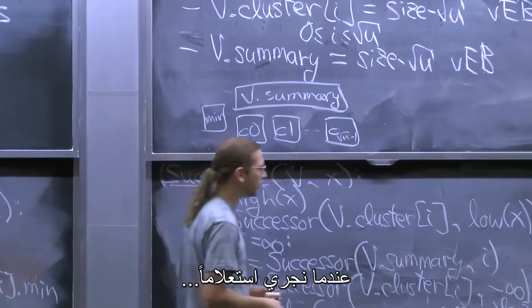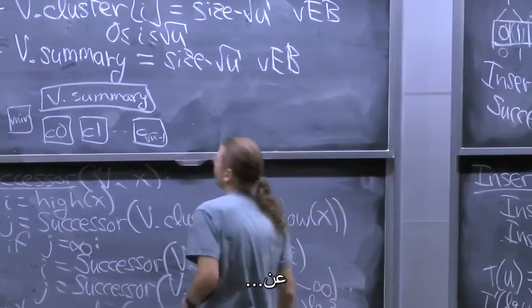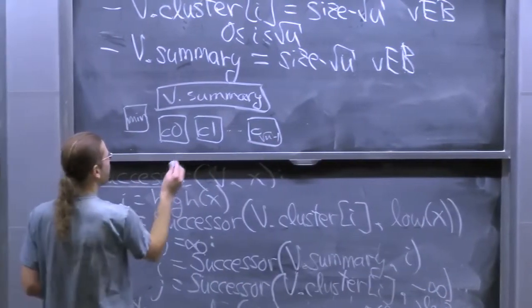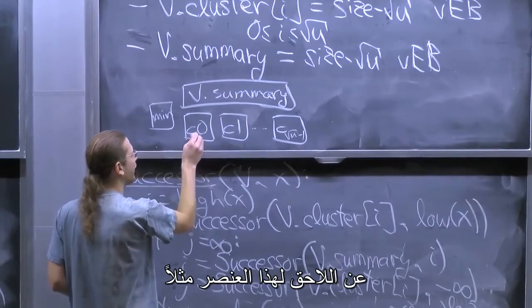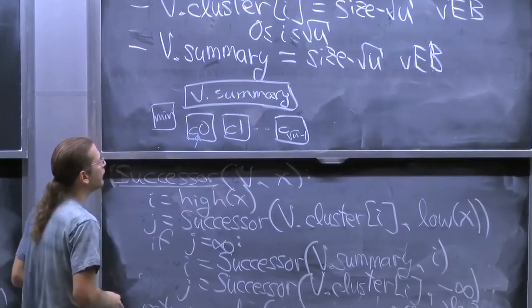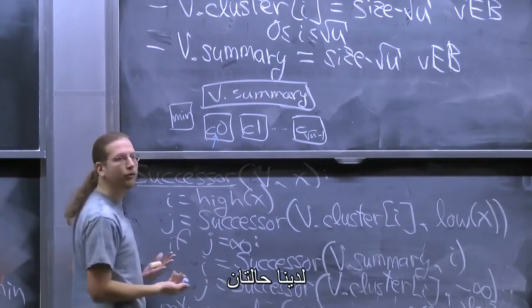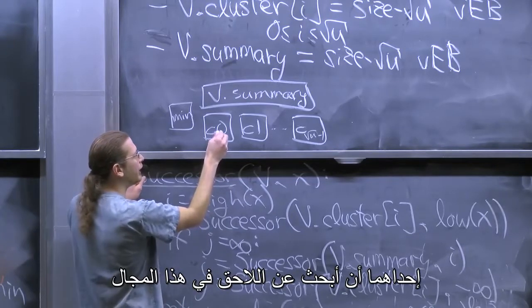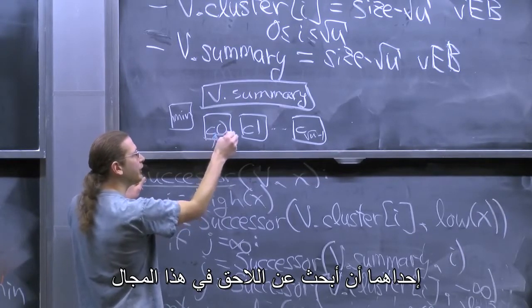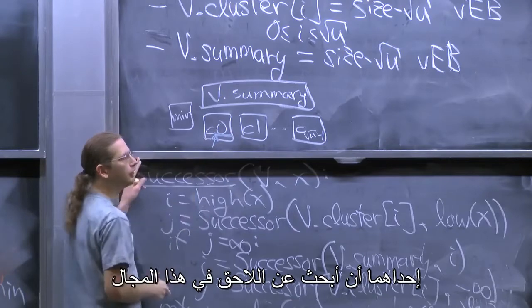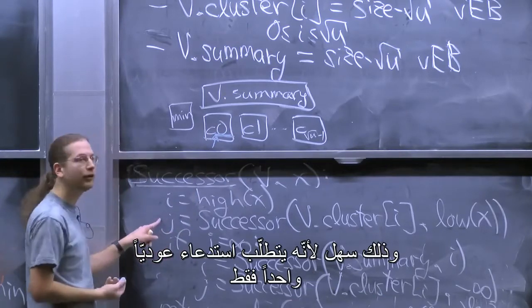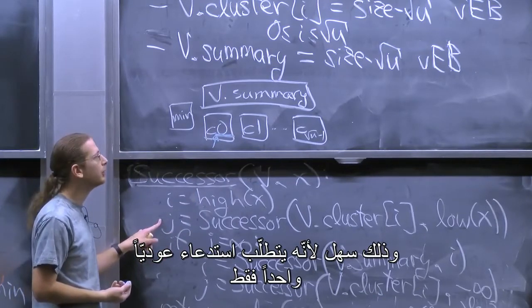So when I do a query for, I don't know, the successor of this guy, there's kind of 2 cases. One situation is that I find the successor somewhere in this interval. In that case, I'm happy because I just need this one recursive call.